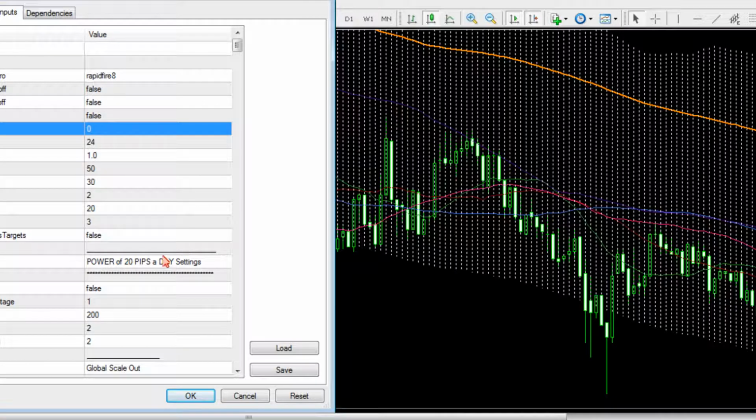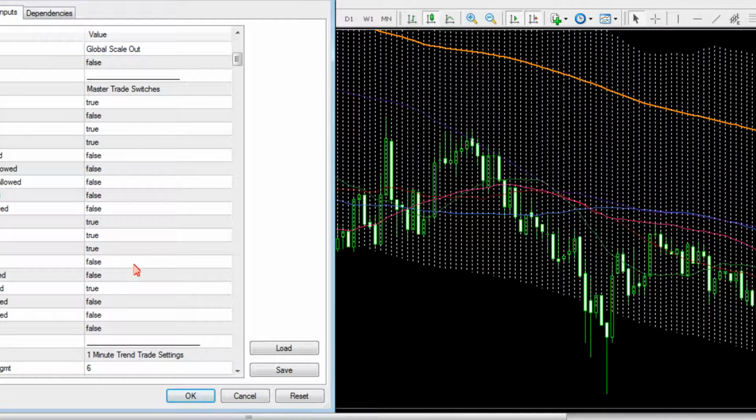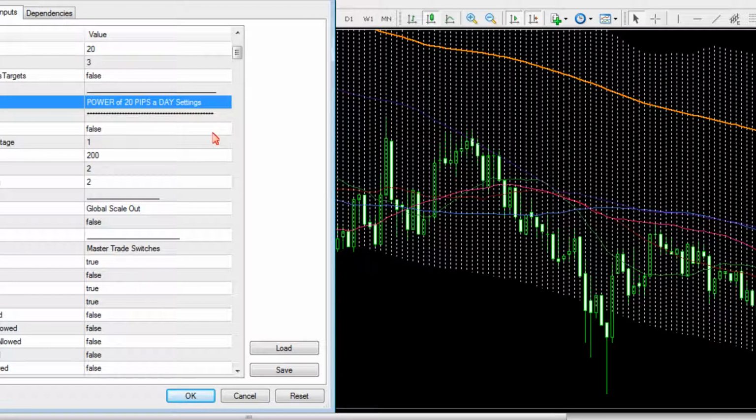Now, as I said earlier on, I personally am not using power of 20, but if you wanted to incorporate the power of 20 into your scalping with these rapid fire settings, you could set that to allowed, and obviously as soon as you've made your percentage with the set number of pips, then it'll switch off the alerts for you.